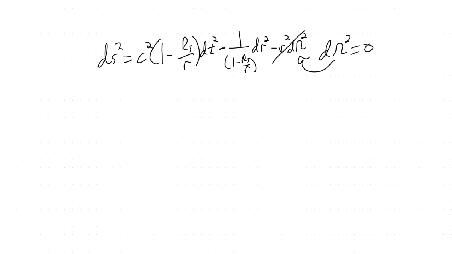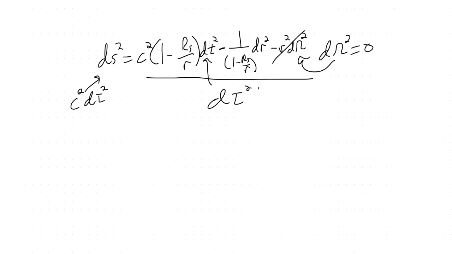So we can do one of a few things, but what I actually really want to do is this. I want to set this equal to c squared d tau squared and then divide everything by d tau squared, turning these into dots.